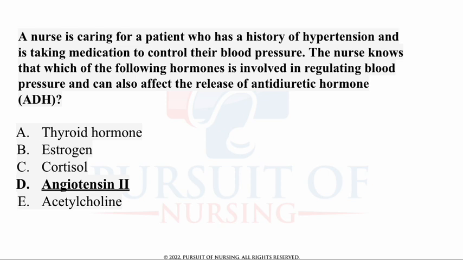So medications such as ACE inhibitors or ARBs work by blocking the production or the effects of angiotensin II, thereby helping to lower the blood pressure. These medications can also affect the release of ADH, which can lead to side effects such as hyponatremia or hyperkalemia. Therefore, you should always monitor for signs or symptoms of electrolyte imbalances if patients are on ACEs or ARBs.